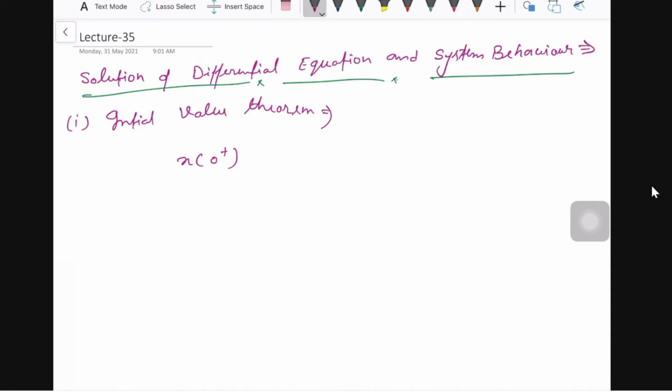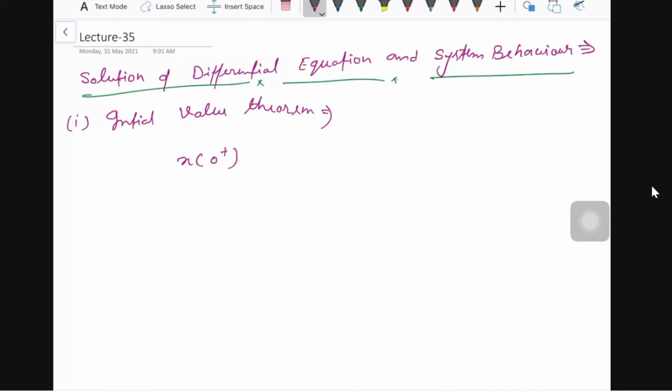And we are calculating this value from X(s) directly. In this particular theorem, if I talk about the initial value theorem, it states that if x(t) equal to 0 for t less than 0, means if the value of t is less than 0 then x(t) equal to 0, and it contains no impulses or higher order singularities at the origin.